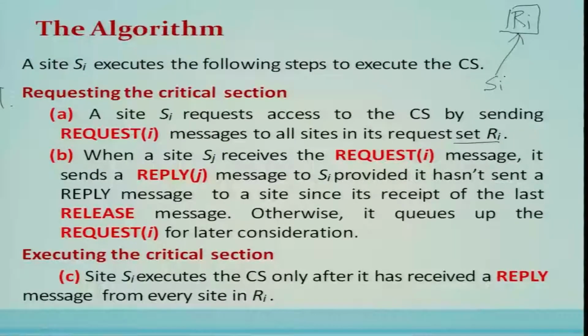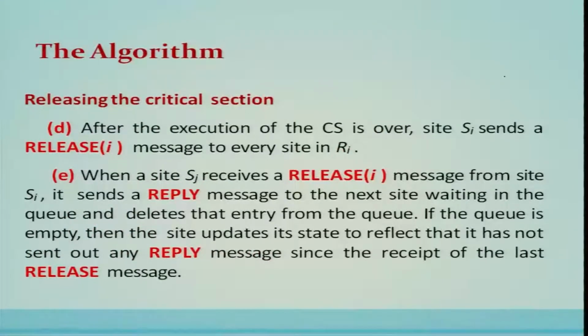That is part 1. The second part of the algorithm is executing the critical section. Site Si executes the critical section only after it has received a reply message from every site in Ri. Then, releasing the critical section: after the execution of the critical section is over, site i sends a release(i) message to every site in its Ri.